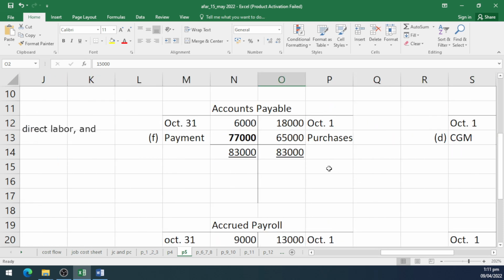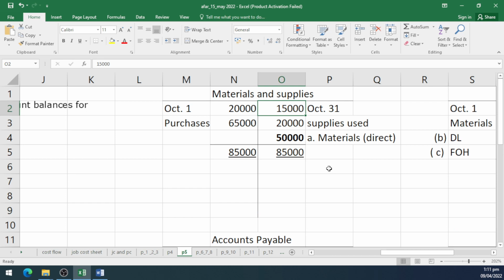Yung materials and supplies account, magkasama dyan yung materials at saka supplies. Yung materials is referring to the direct in this case. Ayan. So, kung 20,000 yung supplies used, ito po yung tinatanong na letter A.